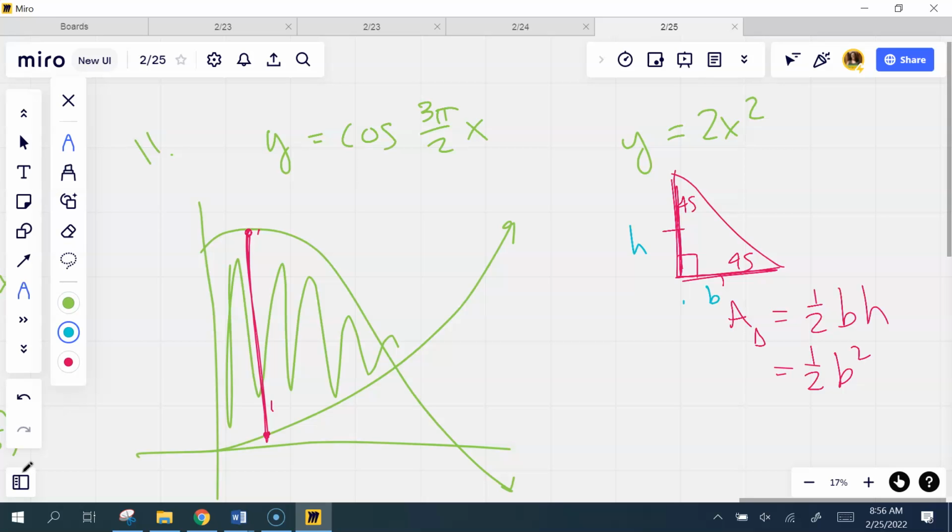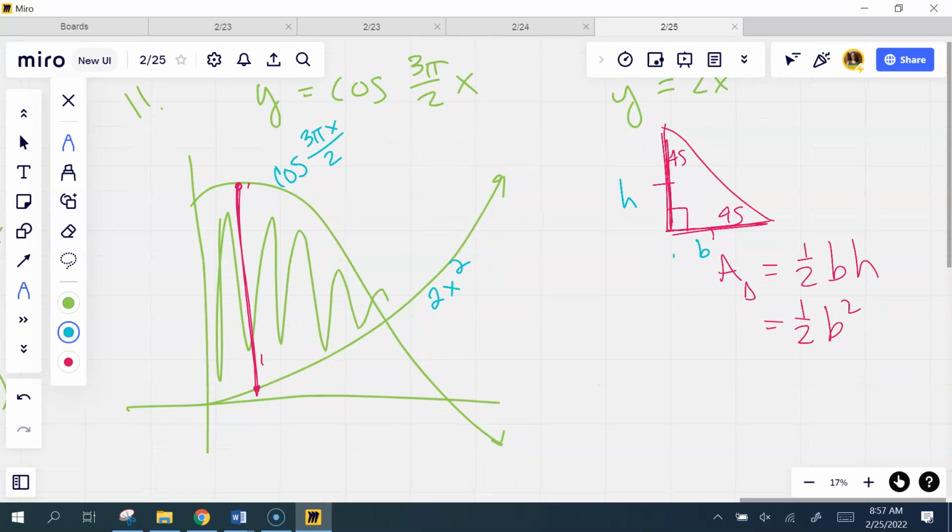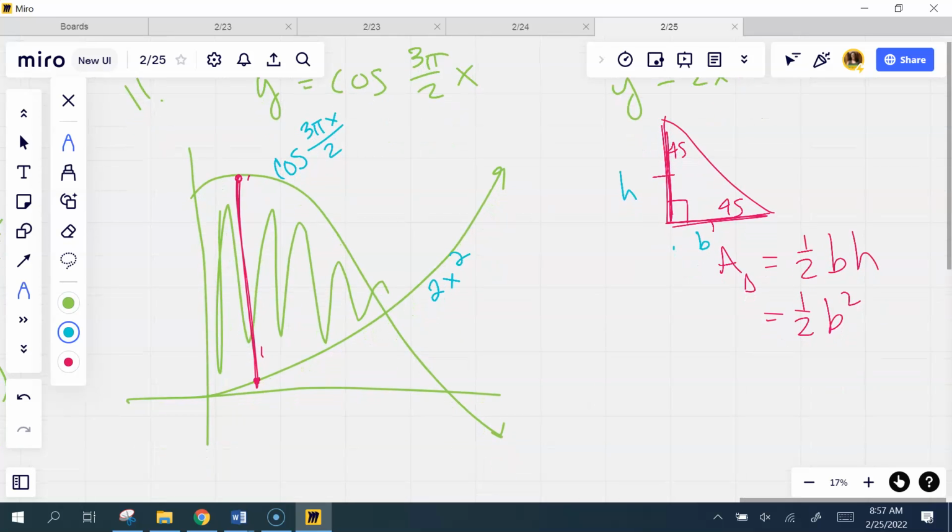All right, how do I find that? This is 2x squared. I know that because it's a parabola. So this must be my cosine 3 pi x over 2. What do I do? How do I find it? Yes, exactly right. The top one minus the bottom one, right? Because it's got to work anywhere around.